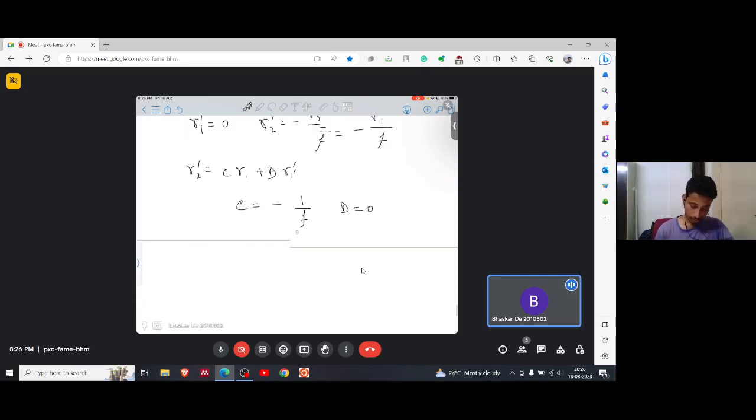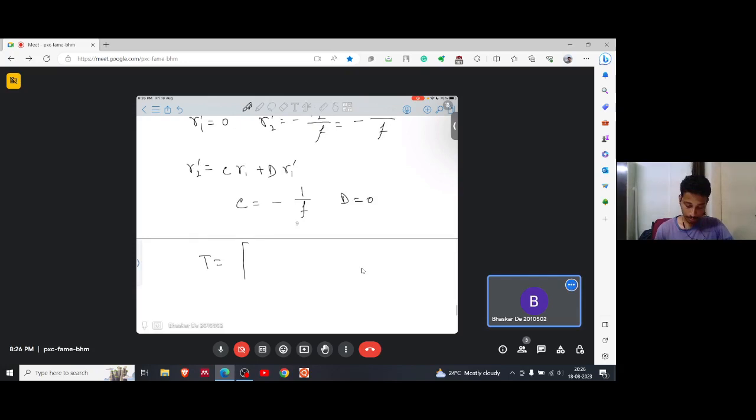So for a thin lens the transmission matrix will be 1 0 minus 1 by f 1.